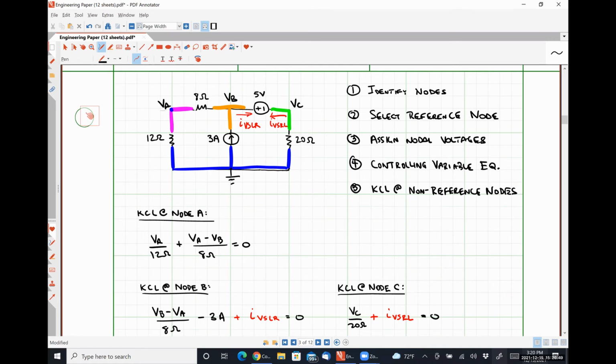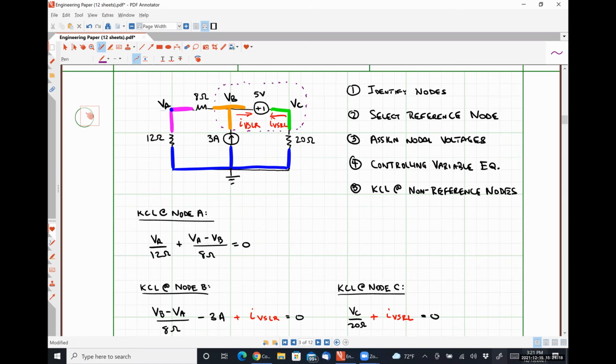A supernode is just going to be a combination of nodes. And I'm going to denote that by just putting a loop around things, okay? Anytime I have a voltage source, I am going to have a supernode. So I'm just going to put a dashed loop around this guy, okay?